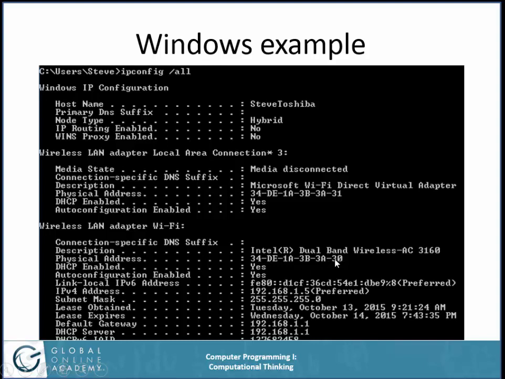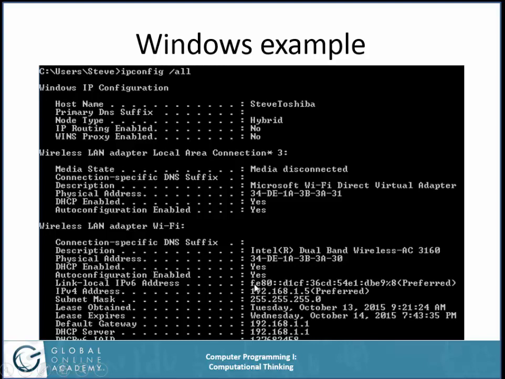Each hexadecimal digit is 4 bits long, so I have 1, 2, 3, 4, 5, 6, 7, 8, 9, 10, 11, 12. 12 times 4, that's my 48-bit unique MAC address. Is DHCP enabled? Yes, it is. That means I'm going to be getting my IP address assigned to me by somebody on my local area network.